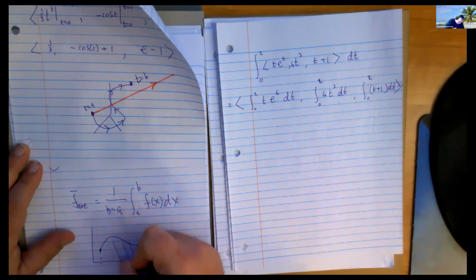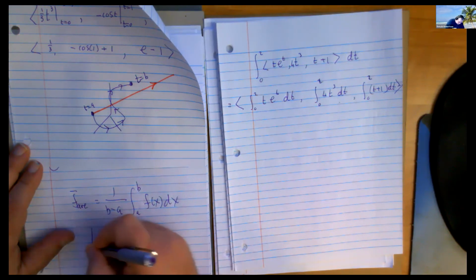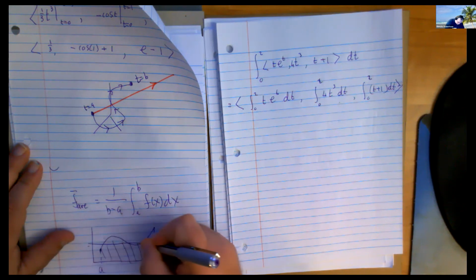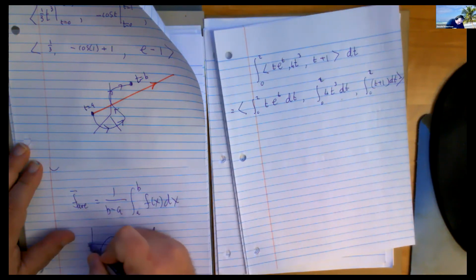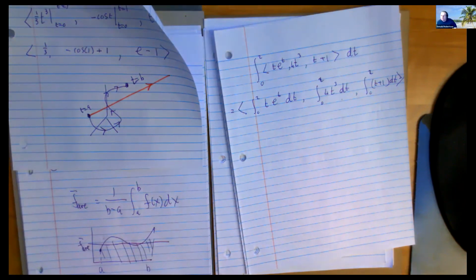This bit is the area under the curve, and then you divided it by the distance from there to there, and what you got was essentially a horizontal line that told you the average value of the function. So in the 2D world, you're finding the average value of the function. In the 3D world, you're basically finding the average direction of its position vector.